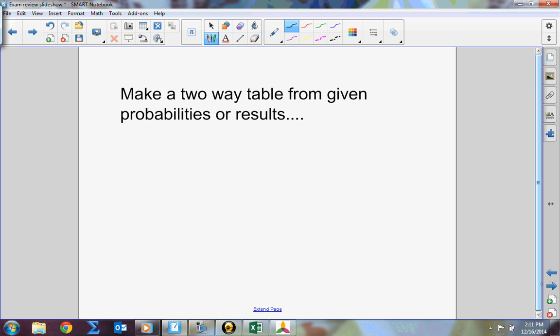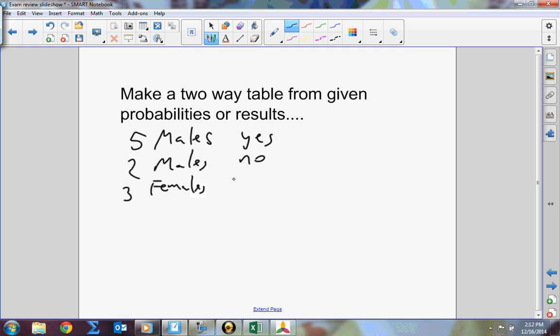Make a two-way table from given probabilities or results. So let's say that I had 5 males yes, 2 males no, 3 females yes, and 10 females no. Then you'll have a yes and a no. You'll have a male and a female.